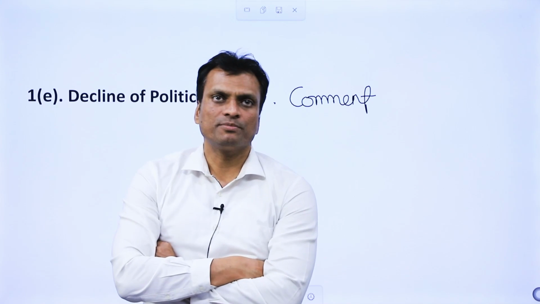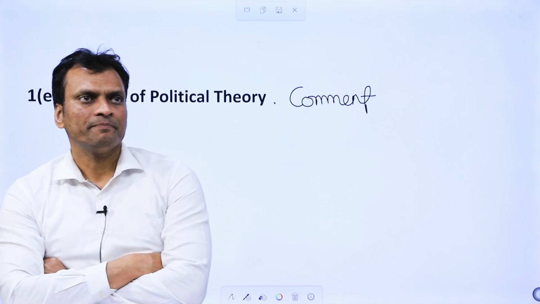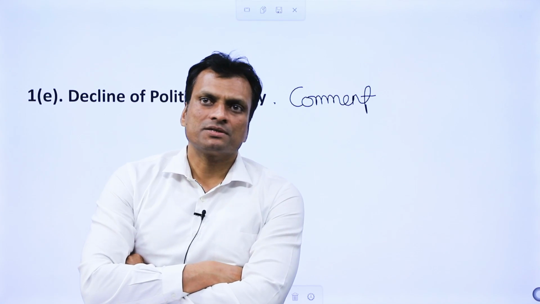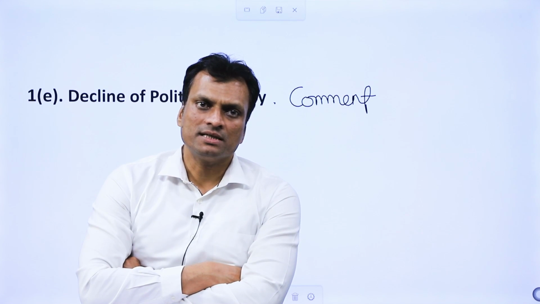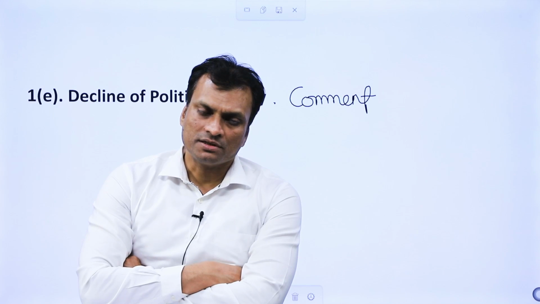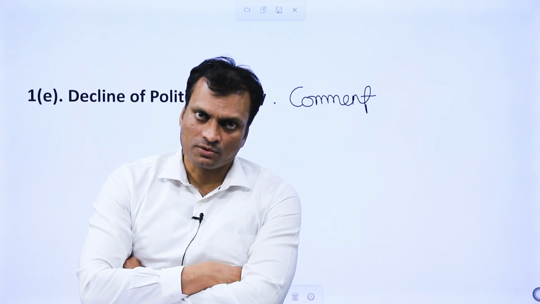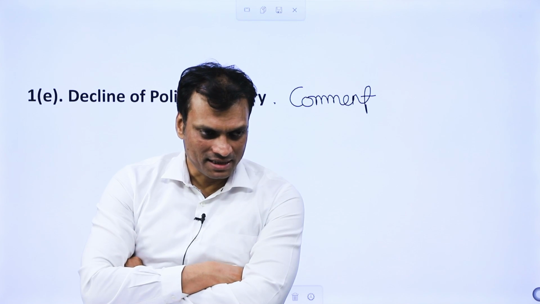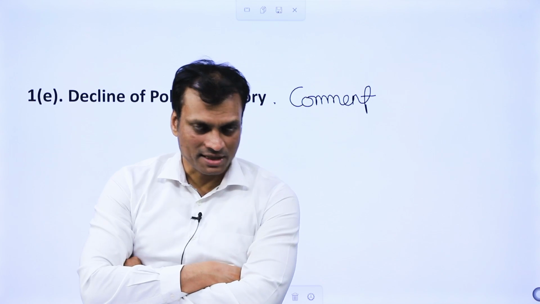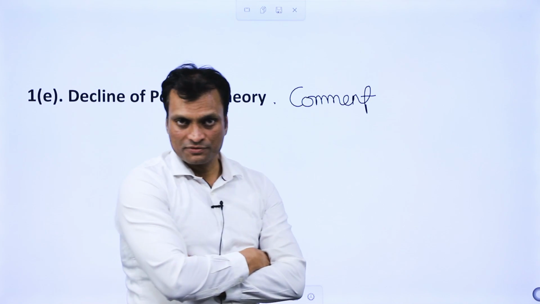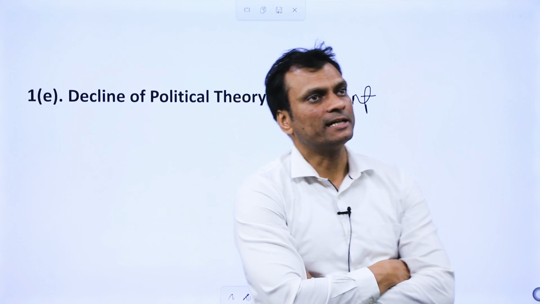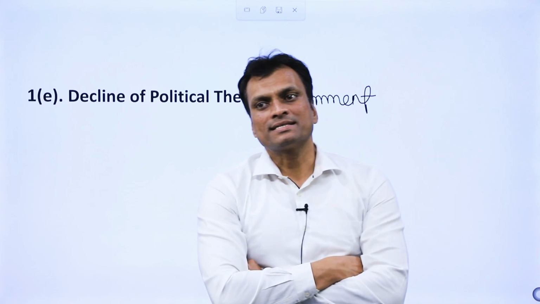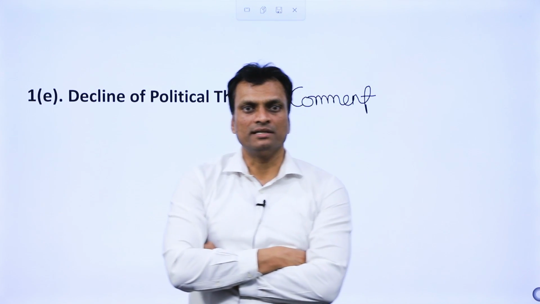that emerged post World War II with the emergence and popularity of behavioralism led by David Easton in the US, specifically after the Second World War. And so they said, what is decline of political theory? They said that political theory which was prevalent before the Second World War, meaning the normative traditional approach, made the whole political science highly speculative, imaginary in nature.